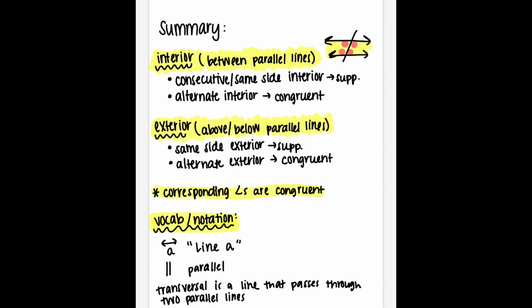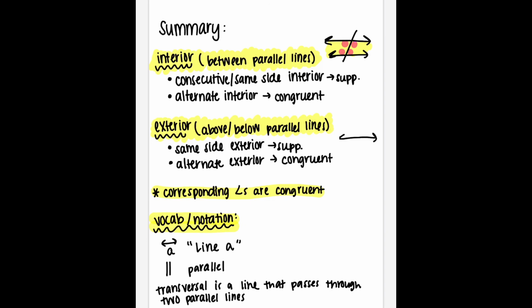They're either consecutive or same side interior, which means they're on the same side of the transversal. If they are consecutive, same side, they are supplementary. So think same side, supplementary, kind of runs together. Alternate interior, so if they're alternates, they're congruent. Okay, so same side, supplementary; alternate is congruent.